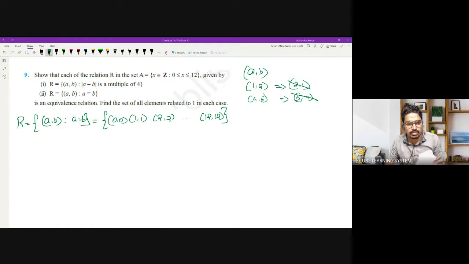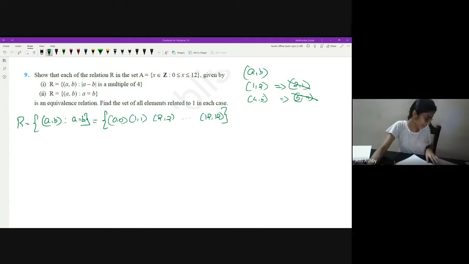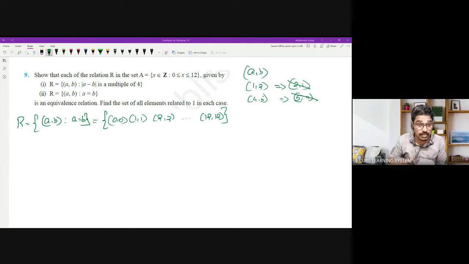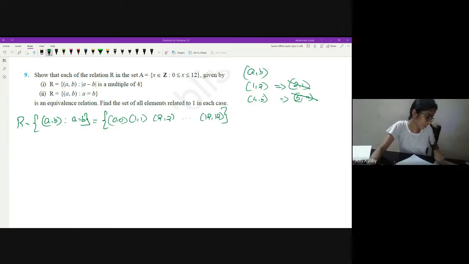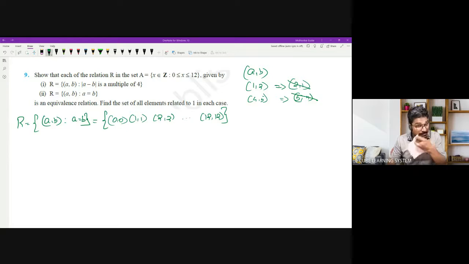Is the question over? What is the remaining part? Find the set of all elements related to 1 in each case. In each case we should write the set of all elements related to 1.